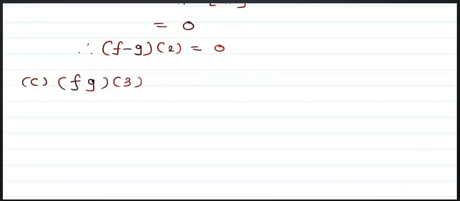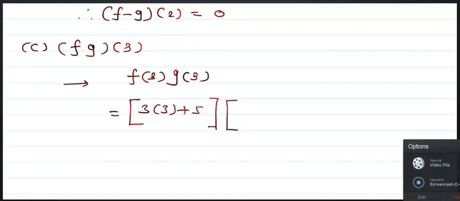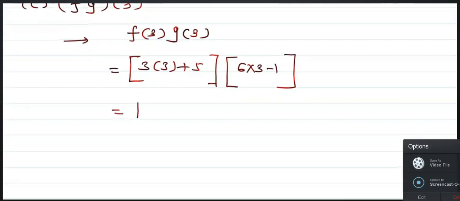And third, f times g, their multiplication, that is f of 3 into g of 3. The value of f of 3: again x is replaced by 3.